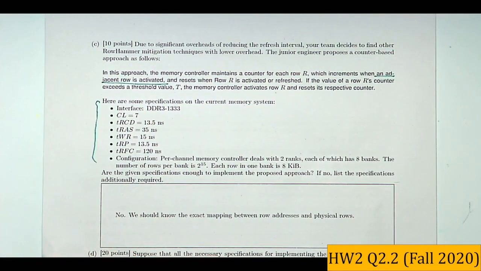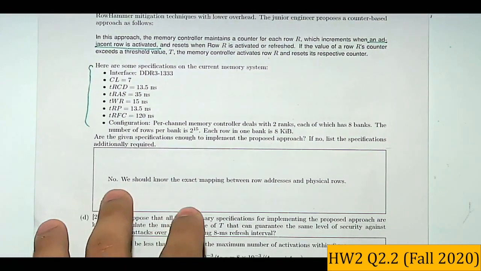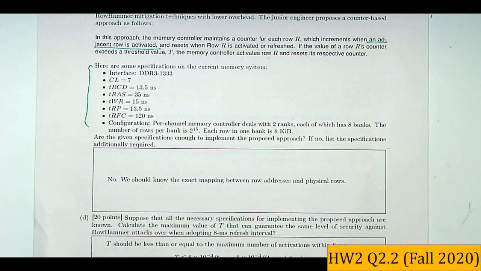If we do something with adjacent rows, we should know where the adjacent rows are. But as we covered in our classes, DRAM manufacturers do not open it. It is normally confidential. So we should know the mapping between row addresses and physical rows.